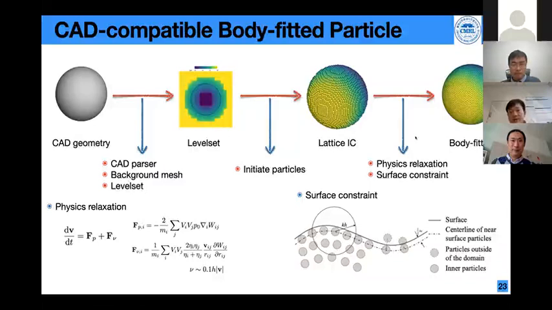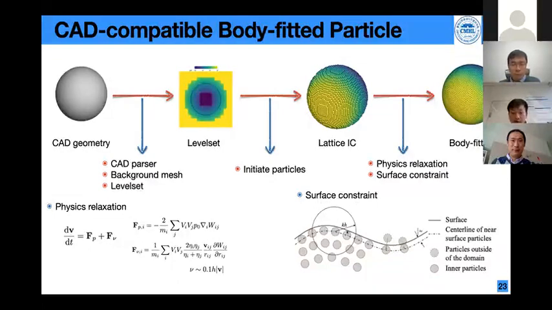Then we will have several time steps of relaxation, also with the surface constraint, and then a body-fitted particle distribution can be generated. The physical relaxation is governed by this equation. Here we have the pressure force and the viscous force, and we also have the surface constraint.